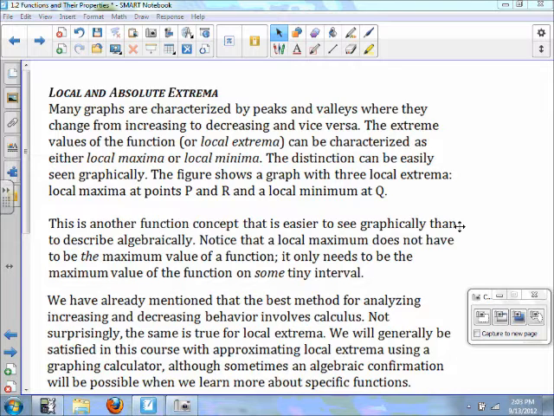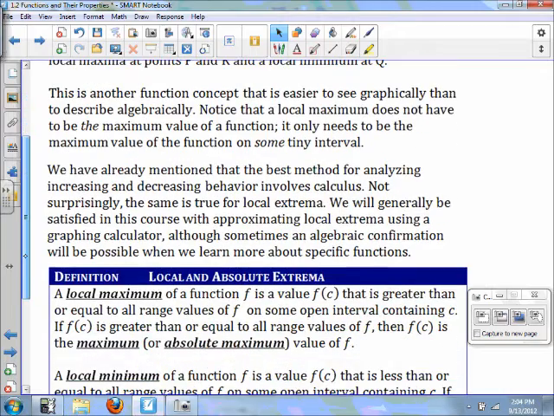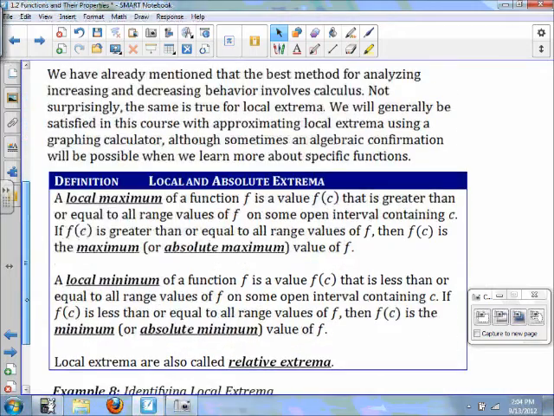The figure shows the graph with 3 local extrema, local maxima at points P, R, and Q. We'll see how to do these local and absolute extrema as we move on.